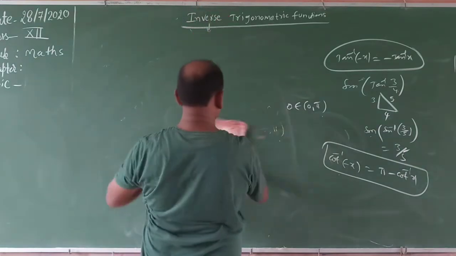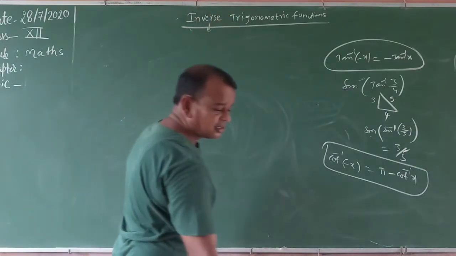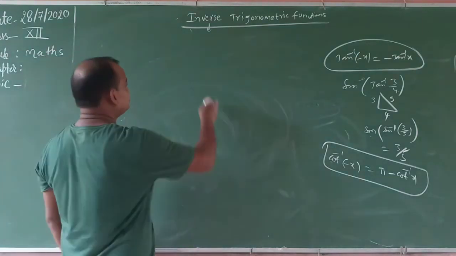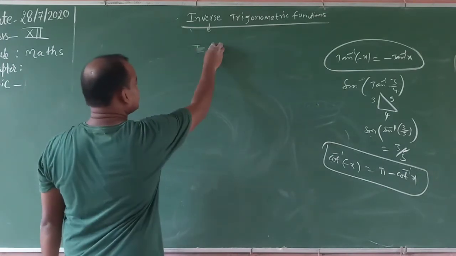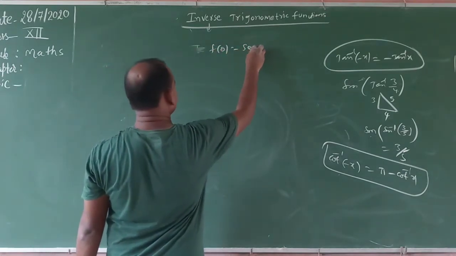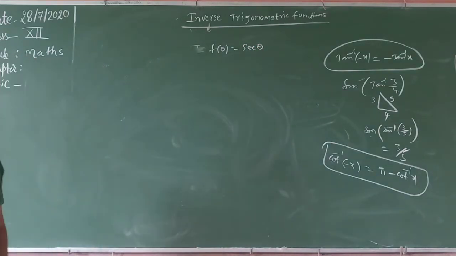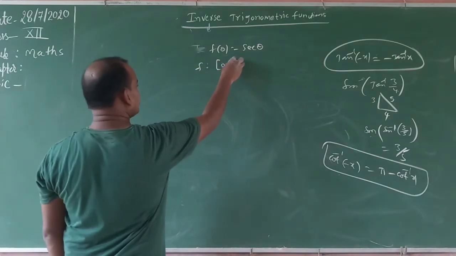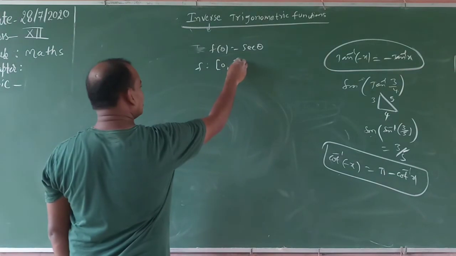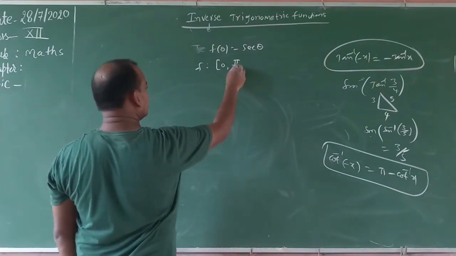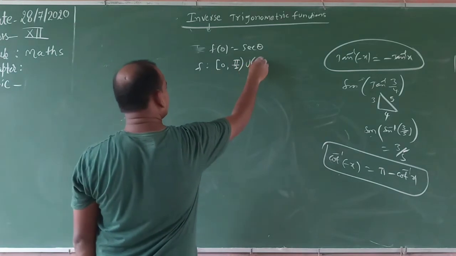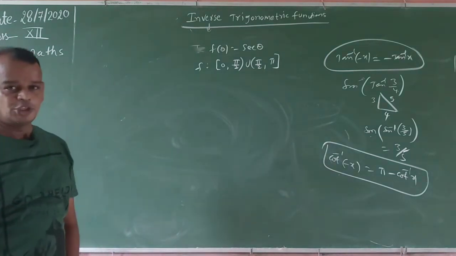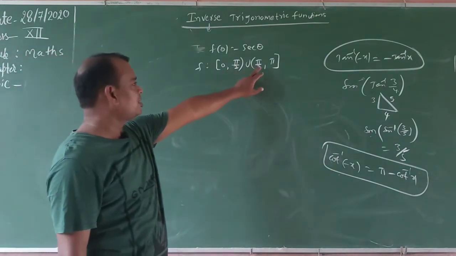Next one is secant. f of theta is equal to secant theta. Secant of 90 is not defined. f maps the closed interval 0 to pi by 2 union pi by 2 to pi, with pi by 2 not included because it is not defined.